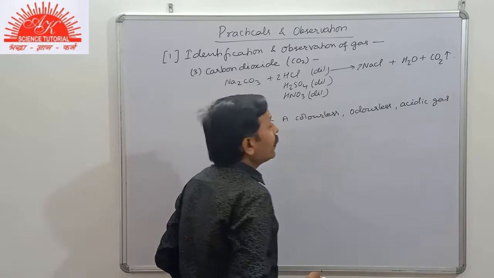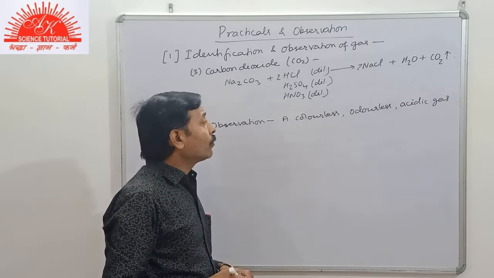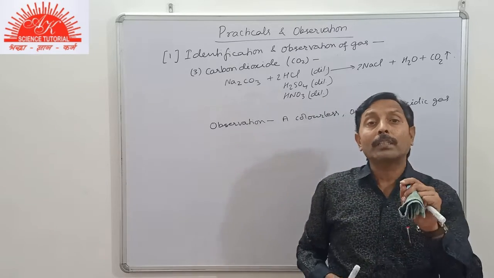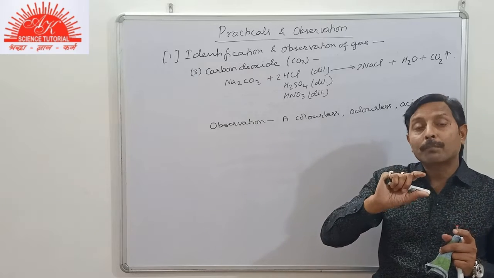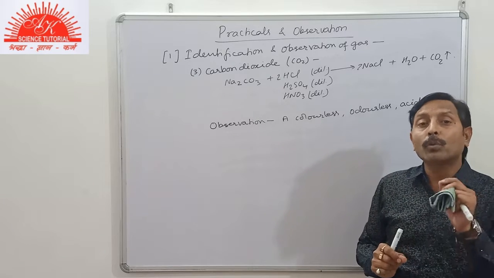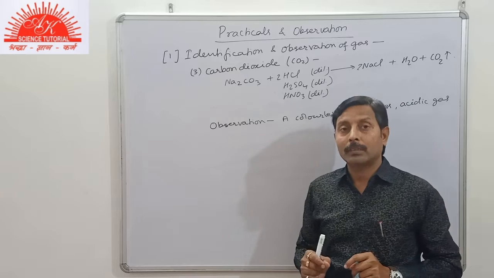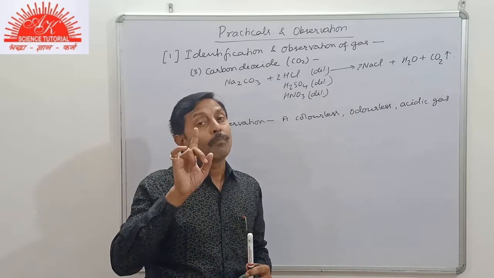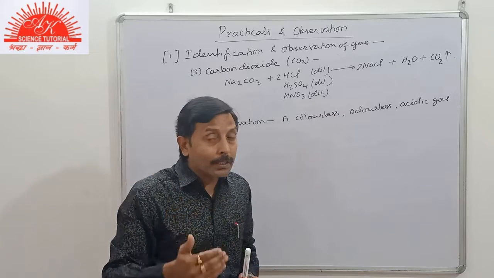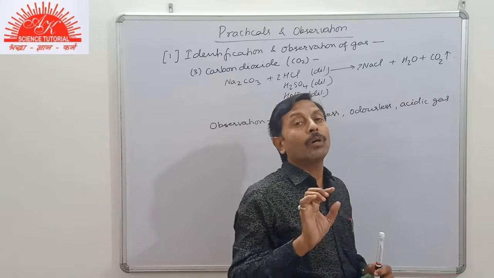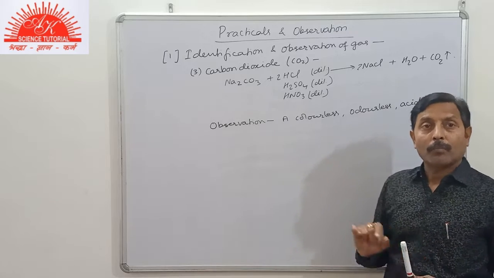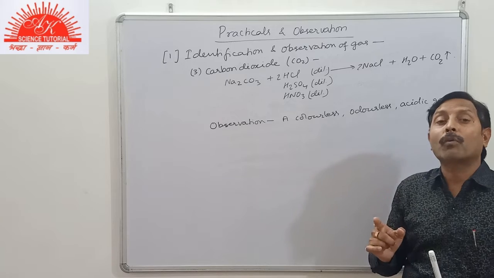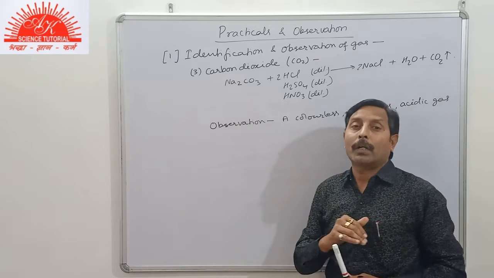It means it will change moist blue litmus paper to red. This is the test for an acidic gas. While using litmus paper, we must use the word moist, because the gas will dissolve in water and in the presence of water will show its acidic property.